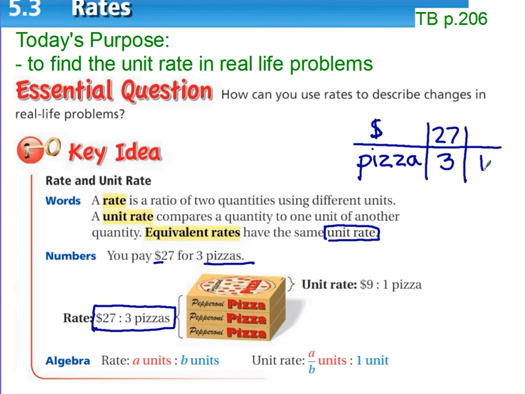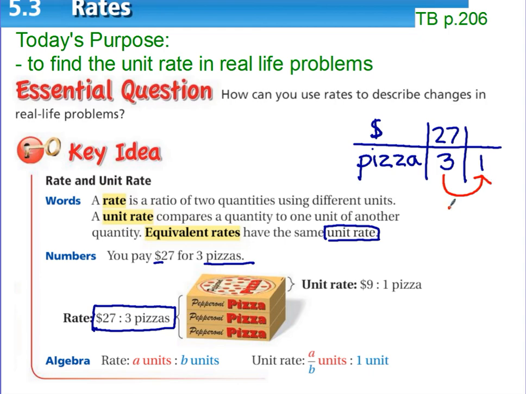As you know, in our last lesson when we were talking about ratios, we know that we can find equivalent ratios by doing either repeated addition or subtraction, or we can multiply or divide both of the numbers by the same number. So what we need to do is think about, what do I need to do to 3 to get down to 1?